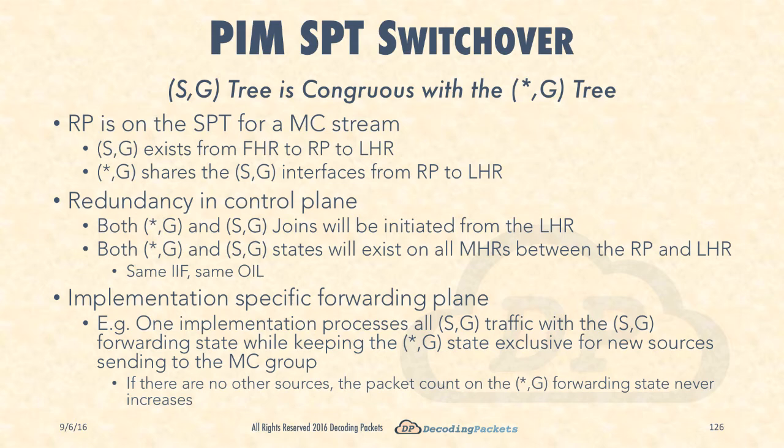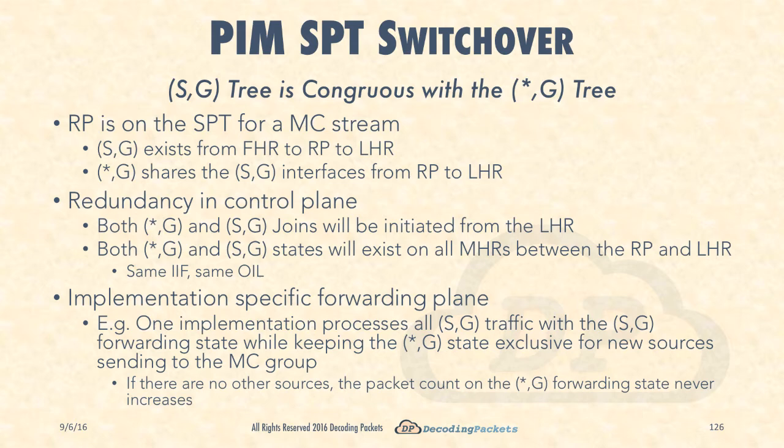In this case, the S,G tree, the SPT, is now congruent with the star,G tree. Because of that first packet switchover phenomenon, the implementations are not really bothering to find out whether the RP is on the tree or not. They're simply signaling the S,G tree the moment they receive the first packet. You would see two very unique things.